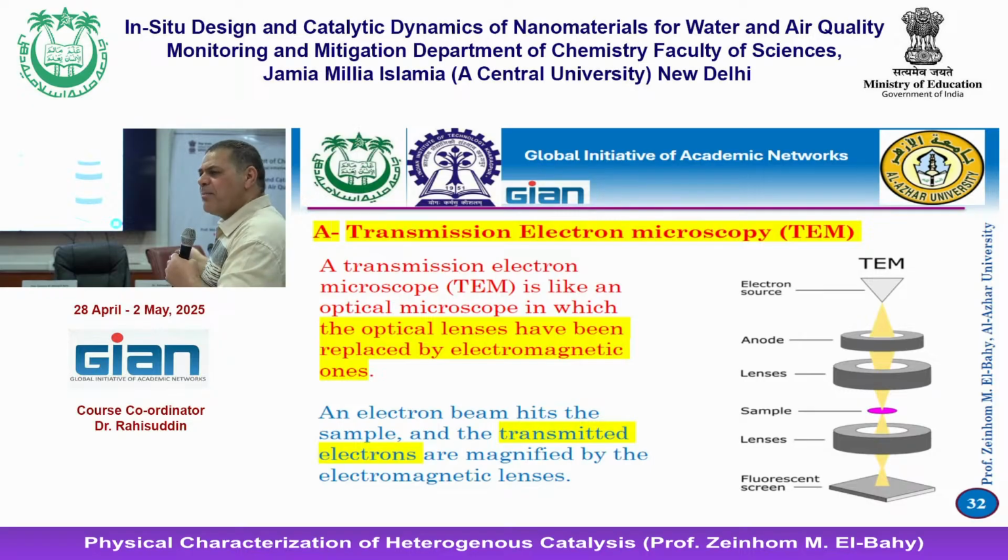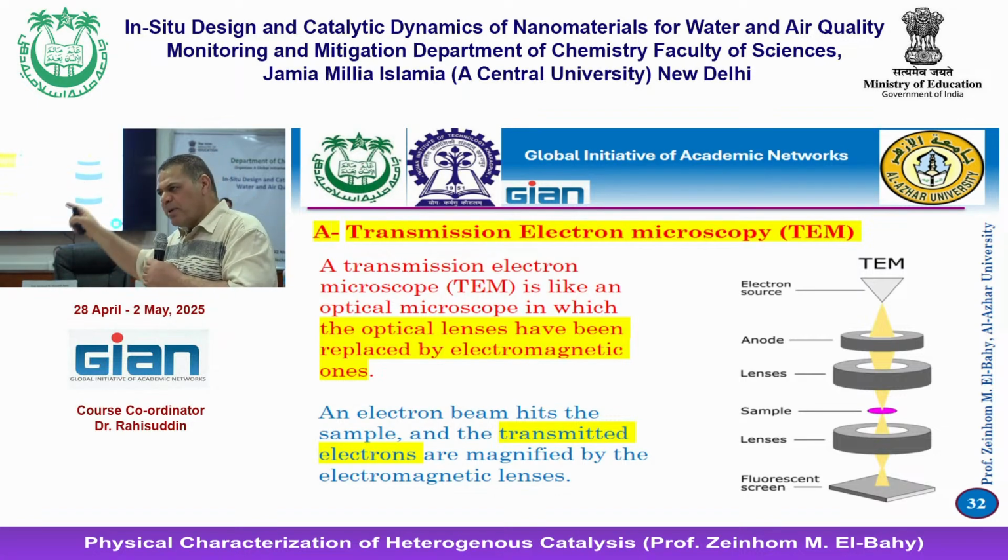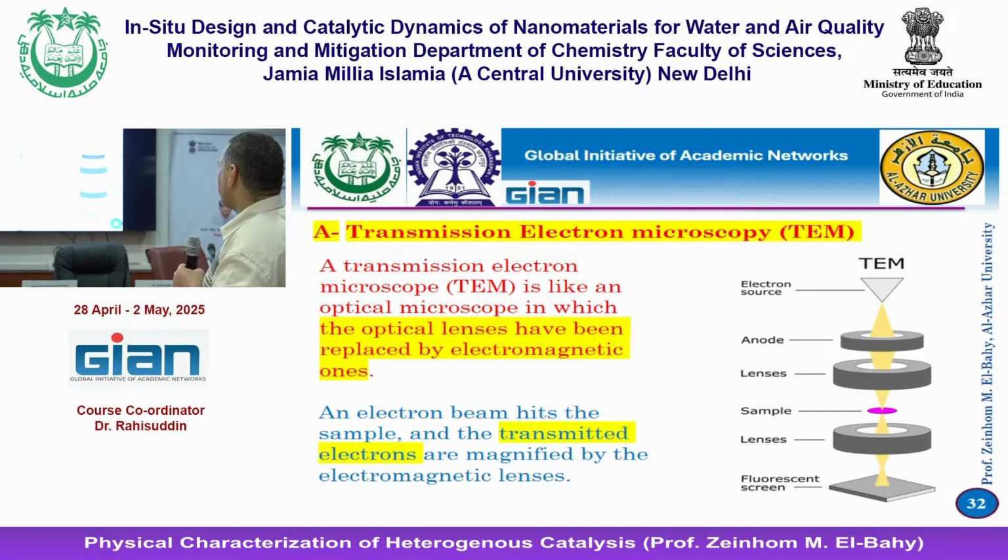After that, some electrons will pass through the sample and lenses, and I try to see what the sample left, or what are the beams transmitted from the sample. An electron beam hits the sample and the transmitted electrons are magnified again because I can't see at this stage. It will be magnified again and again until I can detect it and see it.